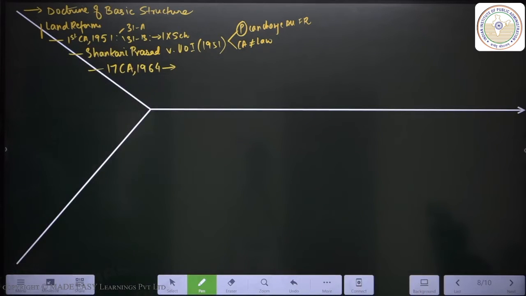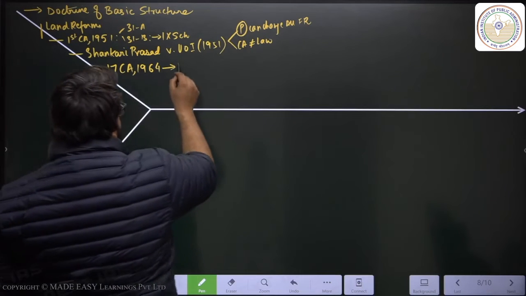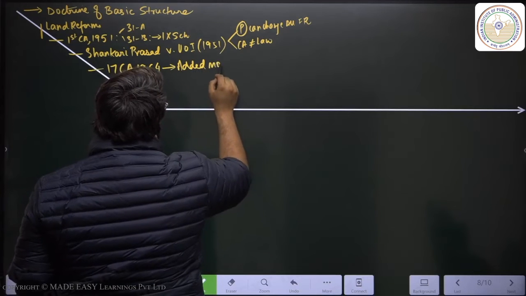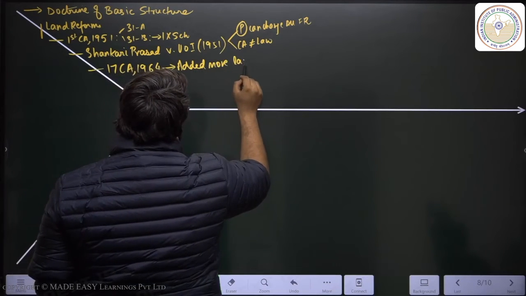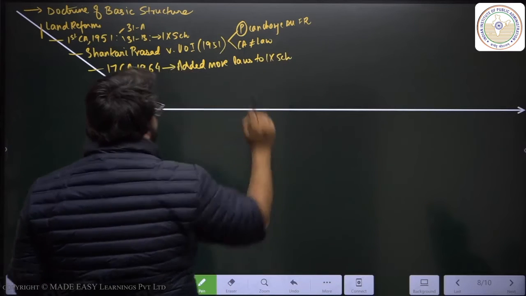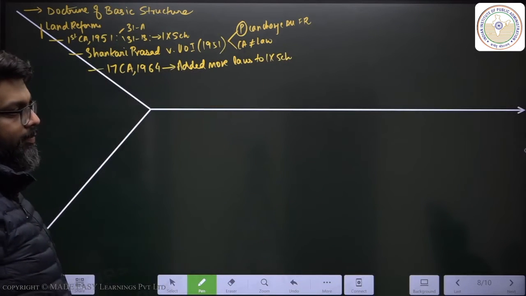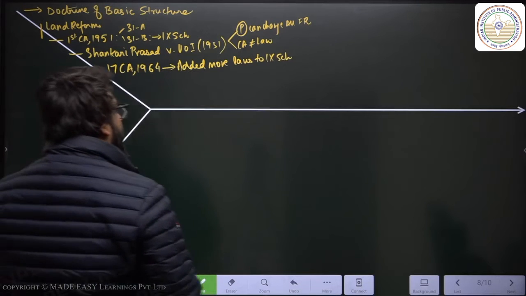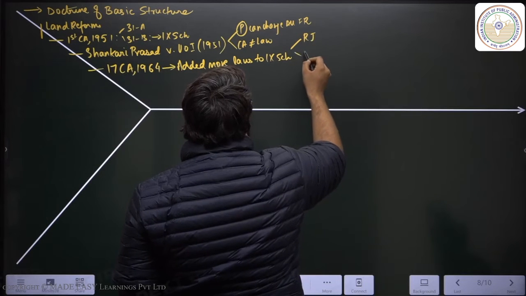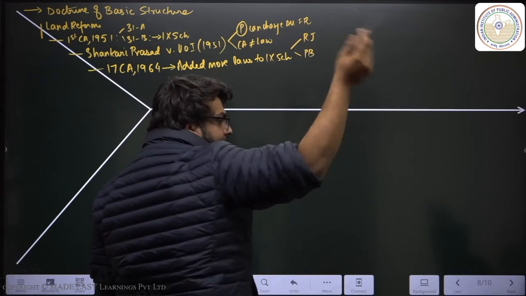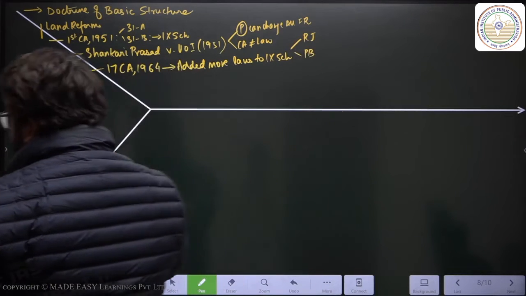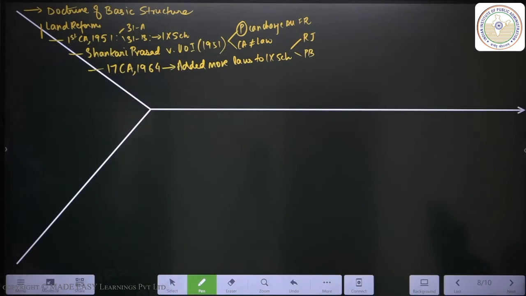And here they added a lot more laws, more and more state laws to the 9th schedule. Okay? And the two states that they added here were Rajasthan and Punjab, among others. And the next cases come from Rajasthan and Punjab.